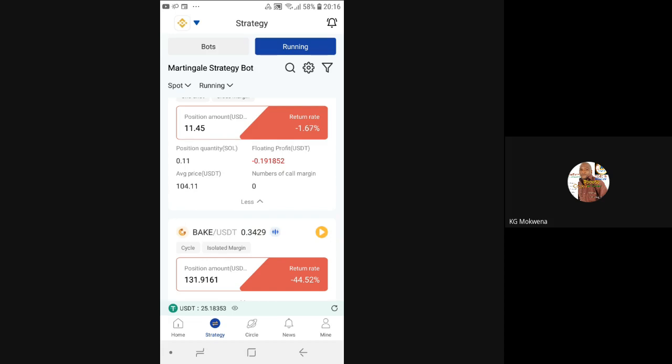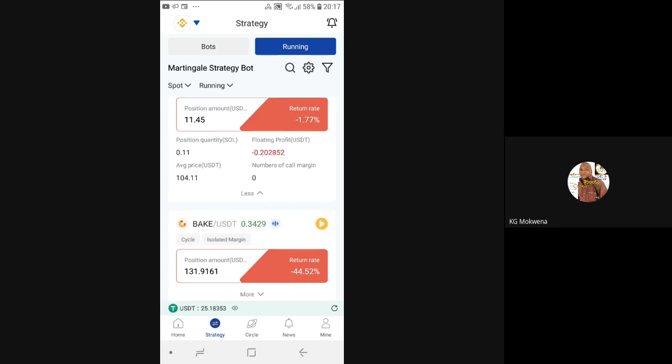So you are able to see where the average price was. Like for instance, as we can see on your screen there, it is 104.11, which is the average price. They are showing us the message inside the brackets, USDT. So which means this is $104.11, you see?